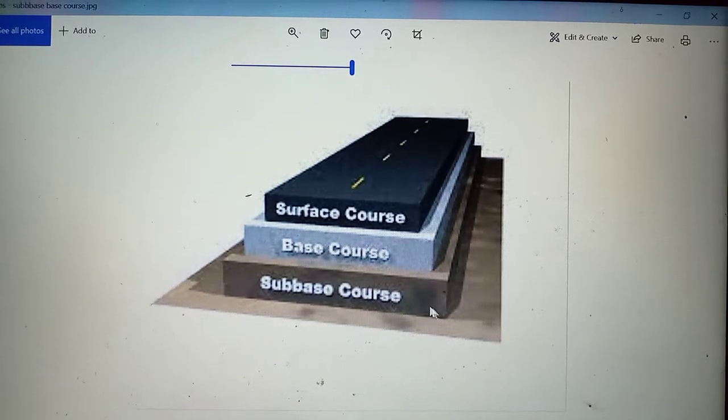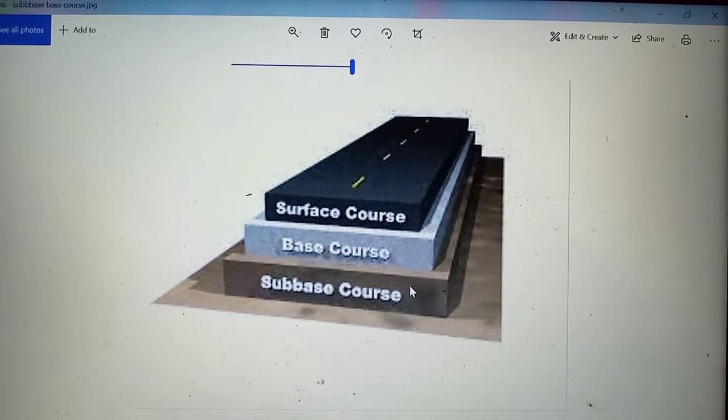Pagkatapos, lagyan mo ng subbase, i-compact mo, pagkatapos makumpak, another layer which is base course.